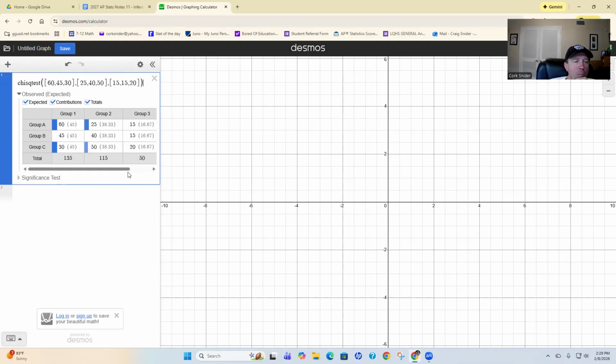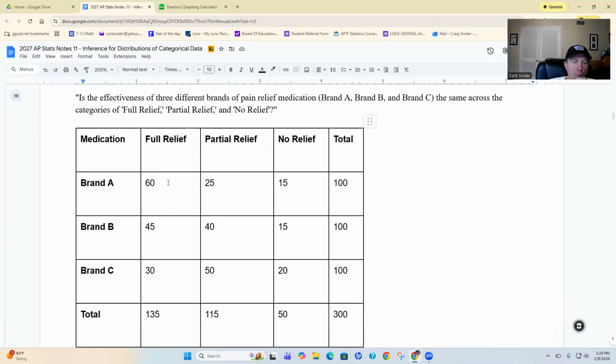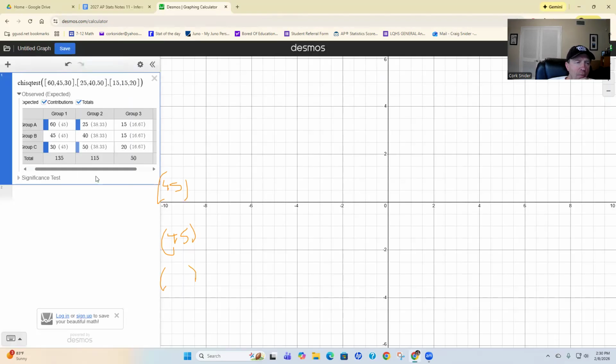All right, so if you're looking at this, all the expecteds are bigger than 5. You would write all of these numbers into the table. So you'd write 45, 45, 45, and you put it in parentheses because the parentheses is what means expected. 45, 45, 45, then 38.3 and 16.7.